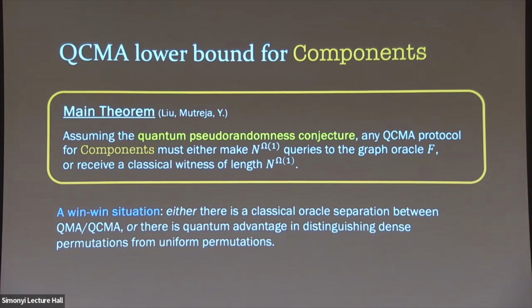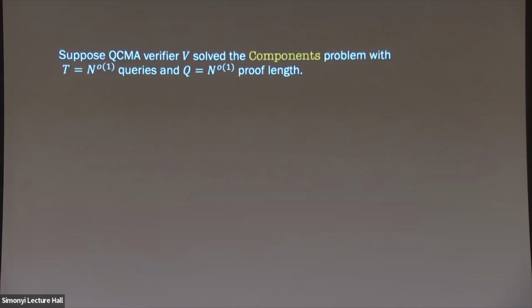In which case there is some quantum advantage in distinguishing dense permutations from uniform permutations, which I think would be interesting.